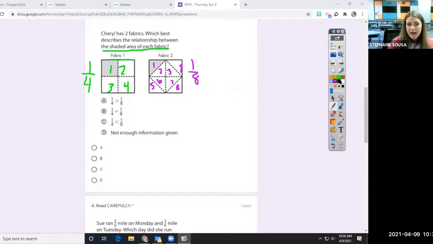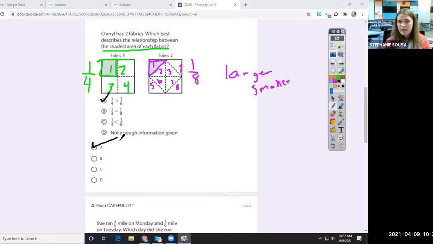I know that when I have different denominators, the larger the denominator, the smaller the piece. I can see that is true. 8 is a large denominator, but this is a much smaller piece than the 4th. So when I compare these, I'm going to look for a statement that shows that 1/4 is greater, which is A. 1/4 is greater than 1/8.